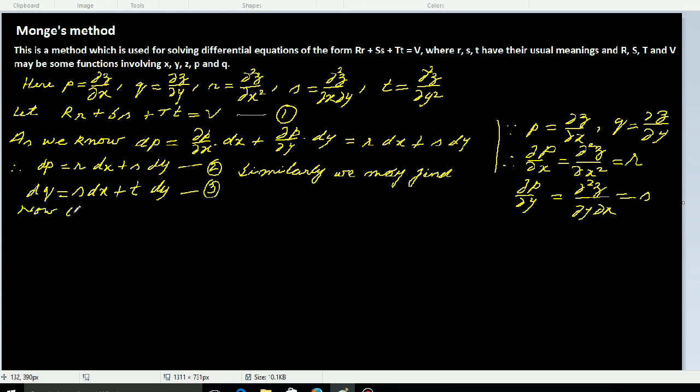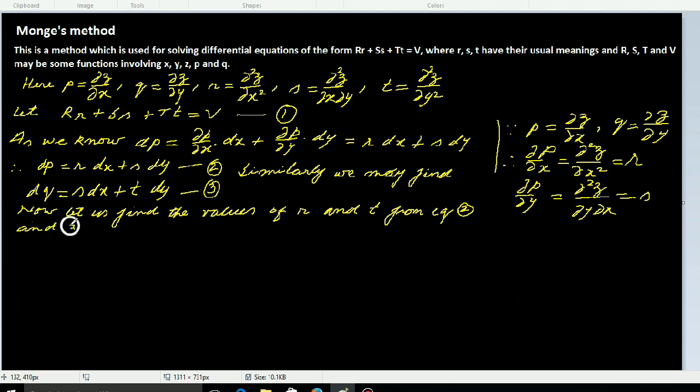Now, let us find the values of r and t from equations 2 and 3 in terms of s.